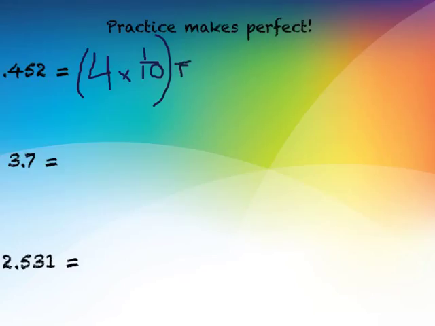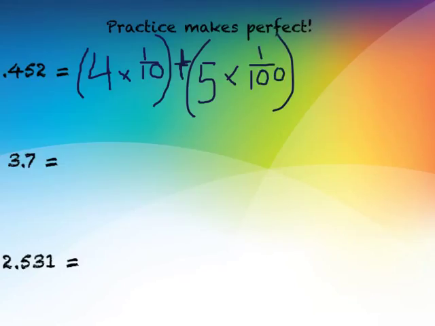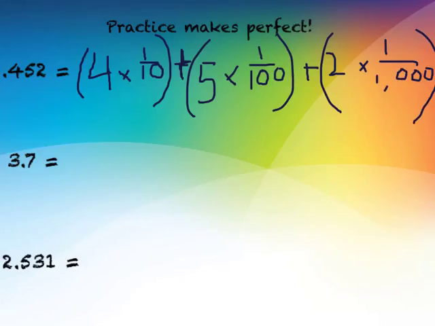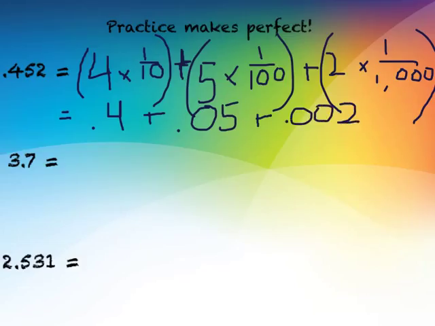Then I'm going to add the next place value, 5 times 1/100th, added to 2 times 1/1000th. Another way to write that in expanded form is 4/10 plus 5/100 plus 2/1000.